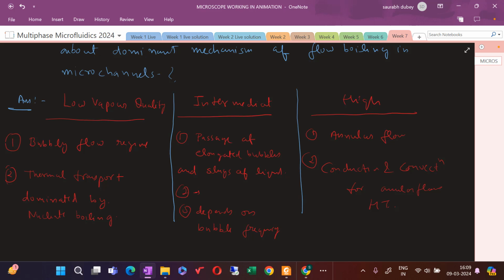Now if you see this, you will be in a situation to tell that this dependence of the boiling heat transfer coefficient on the heat flux is explained by the thin film evaporation process and the cyclical heat transfer process occurring in elongated bubble flows.